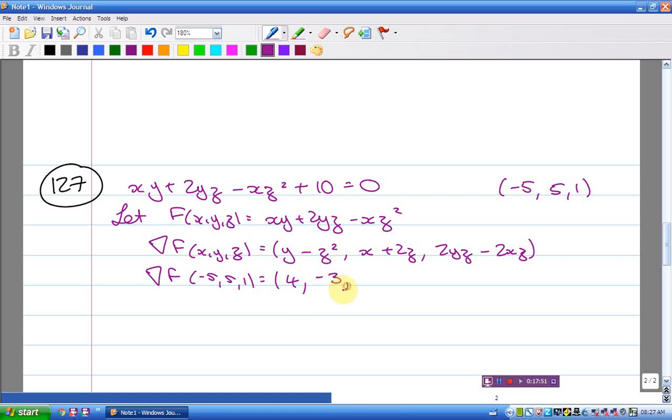I can do this. 2y, that's 10, plus 10. Somebody tell me I'm right. I clearly need affirmation. Here we go. 127, 127, 127. 4 minus 3 and 20. I agree with my solutions.